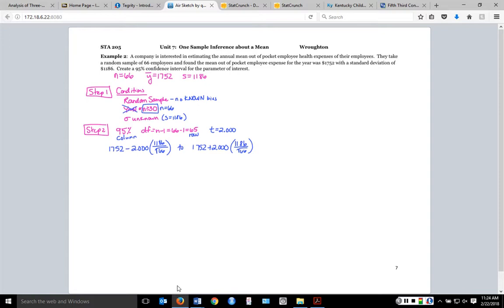Alright, then again, just doing our math, so making sure we get our order of operations correct. I'm going to take the 1,186 and divide that by the square root of 66. And of course, do that on both sides here.